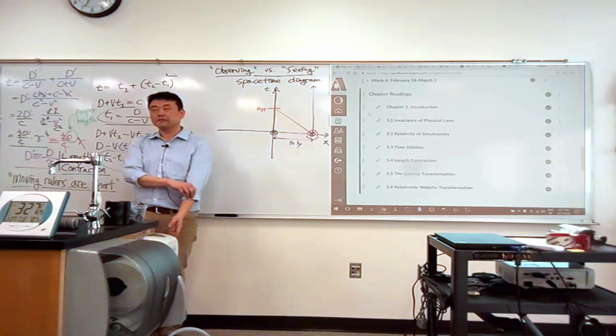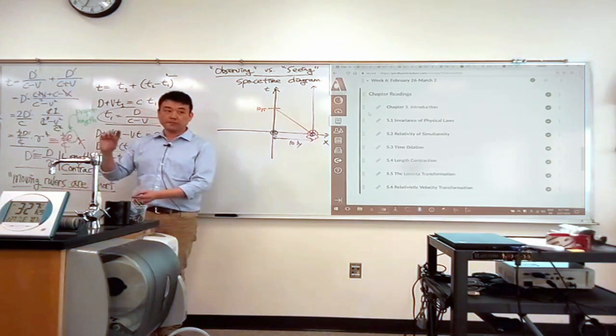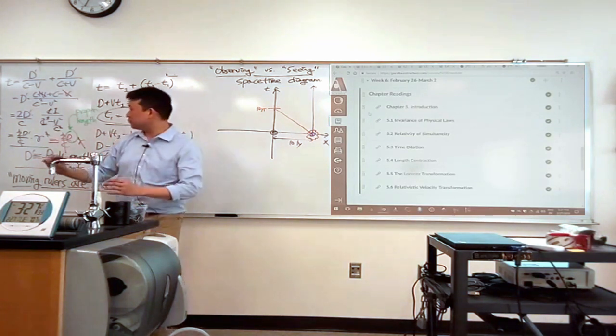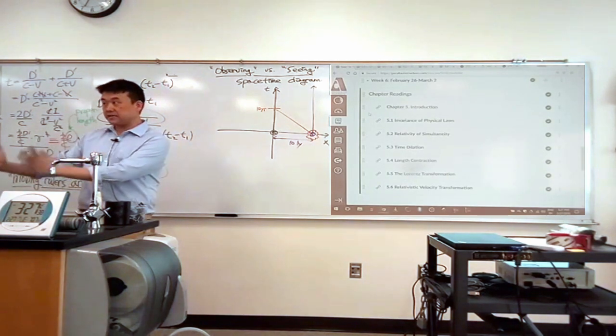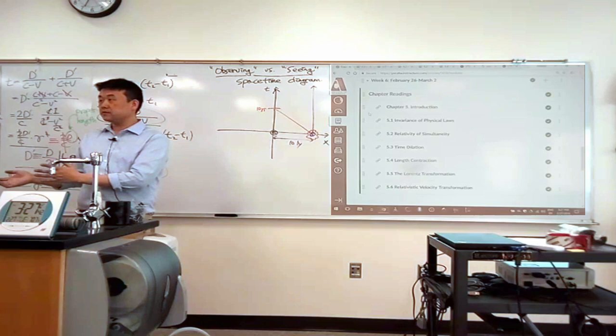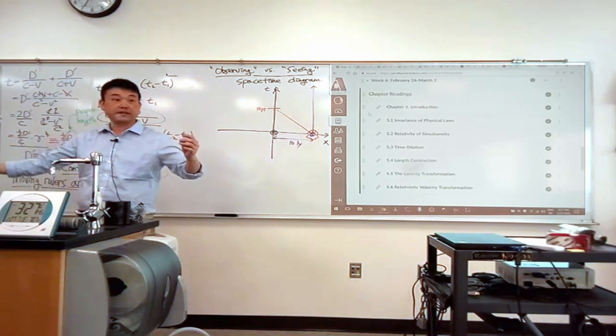Maybe when we get to quantum mechanics, essentially any particle with zero mass will travel at the speed of light. Sorry, that's a little bit too far ahead. So even though we are using light as an example, because it's a convenient example, what we are talking about is the property of the universe itself, not any particular one example.